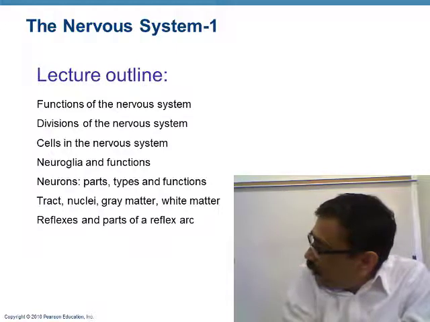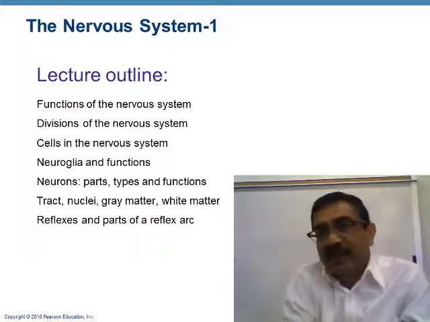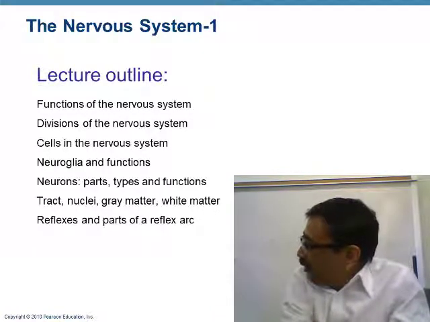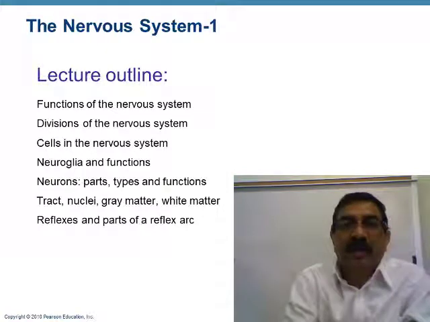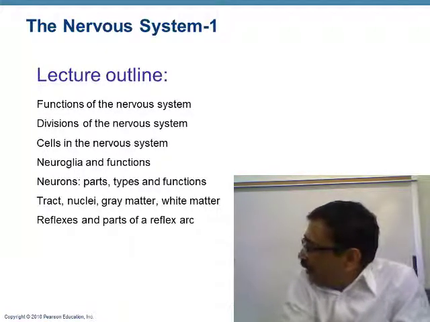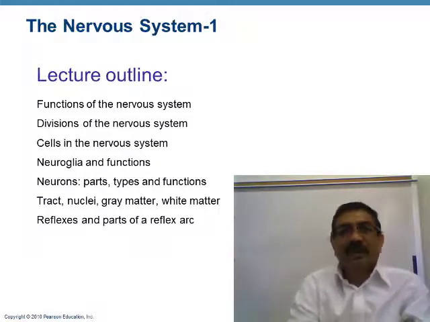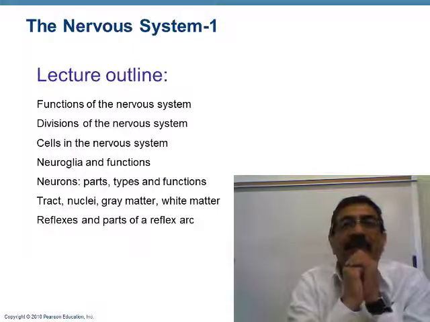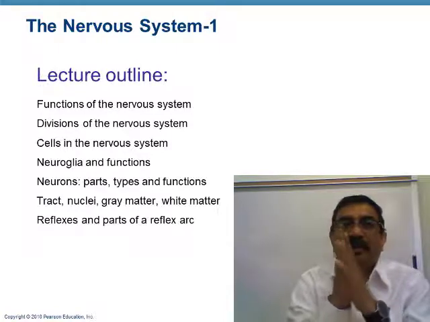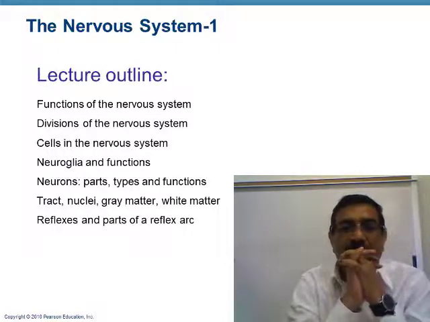First, we'll talk about the functions of the nervous system. Then we'll talk about the divisions of the nervous system, how we divide the entire nervous system. Then we'll talk about the cells in the neural tissue, or nervous tissue.